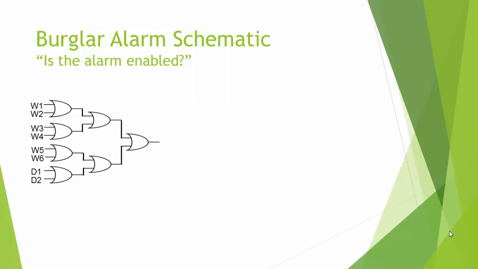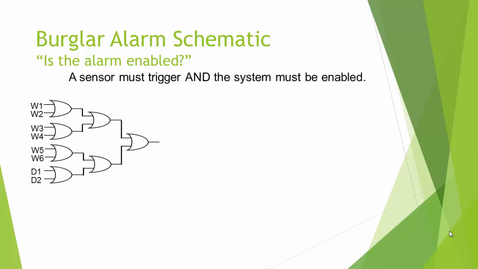But in fact, by adding 1 more gate, we can make our alarm system much more versatile. So what we can do is say in our logic, a sensor has to trigger and the system must be enabled for the alarm to go off. So we add an AND gate. The output from our sensor system goes to high whenever a window or door opens.